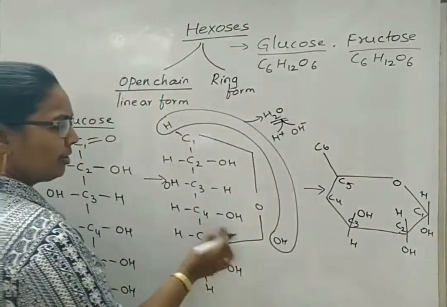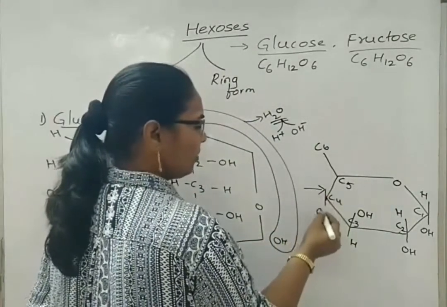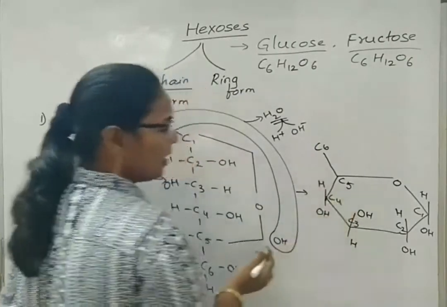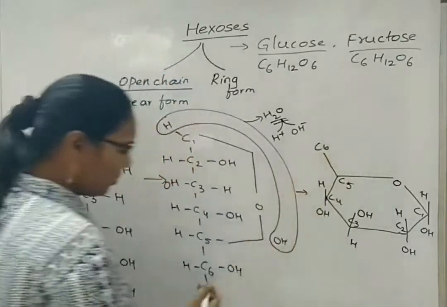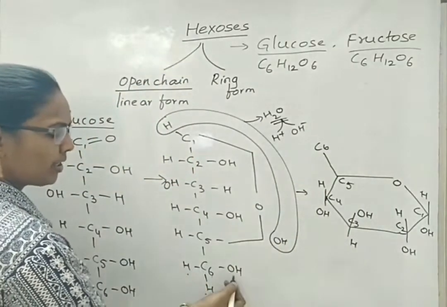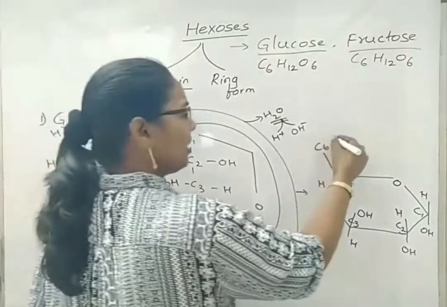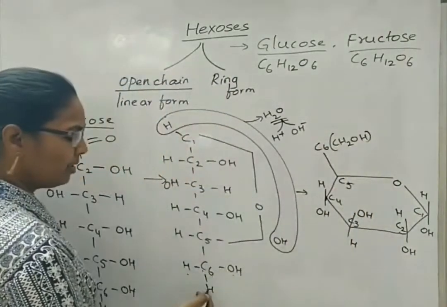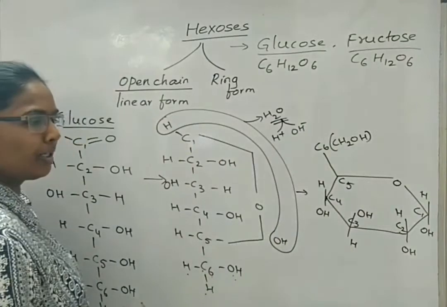At carbon 4, again there will be OH and hydrogen here. At the 6th position, there are two hydrogens and one OH group, which I am writing in the form of CH2OH: one carbon, two hydrogens and one OH group.